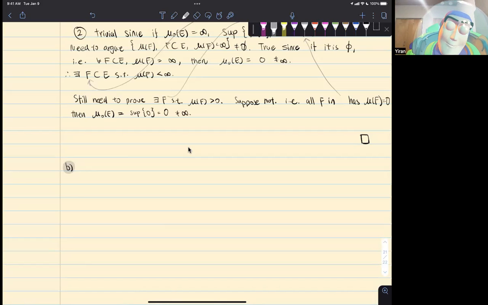So I need to construct a new measure mu. So now consider mu of E is equal to 0 if E is sigma finite, and it is equal to infinity if E is not sigma finite.